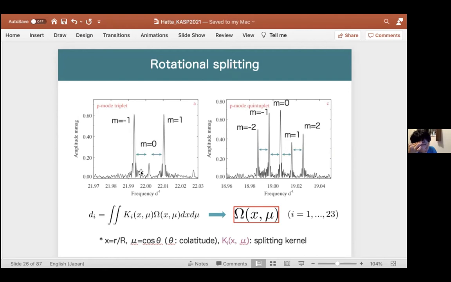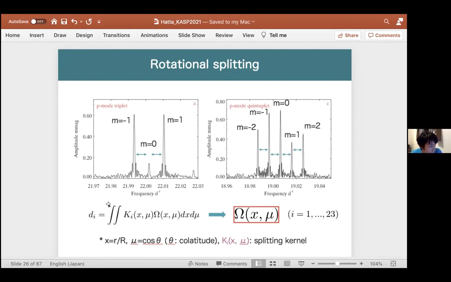The important point is that the amount of frequency shift, here represented by delta nu i for some mode, is related to internal rotation in this equation. Here K i is the so-called splitting kernel, which can be computed once we obtain a reference model. In this study, we use the non-standard model as a reference model.